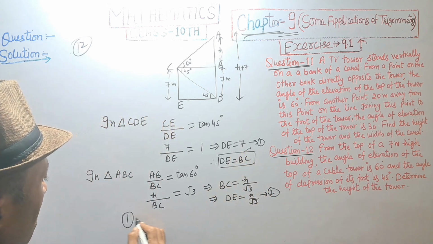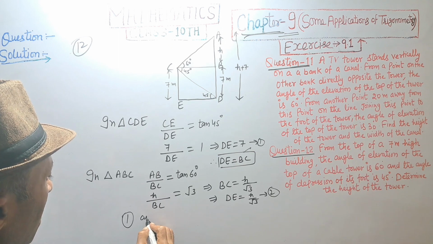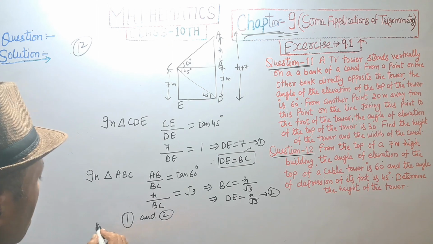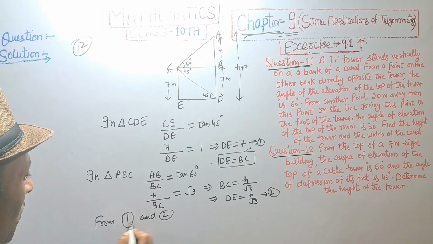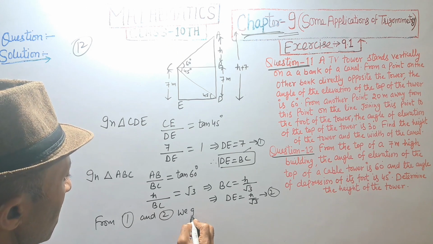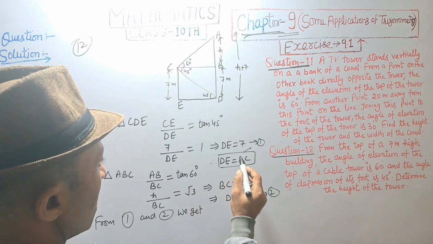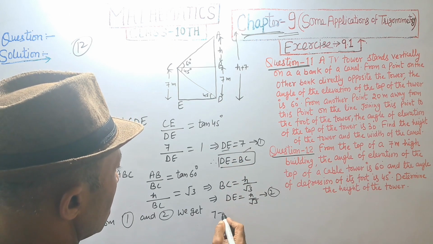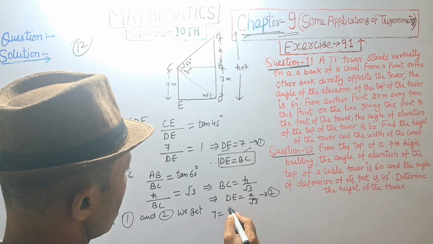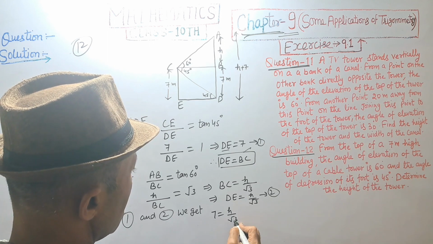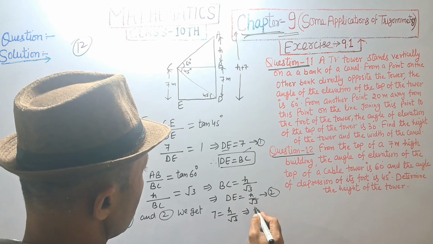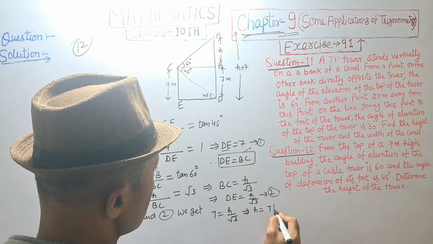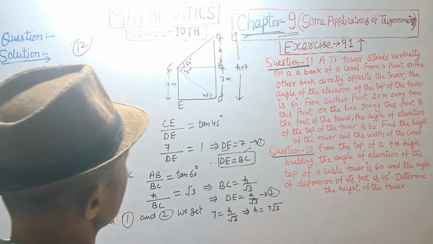From first and second, we get DE is equal to 7 is equal to H upon root 3. This implies H is equal to 7 root 3.